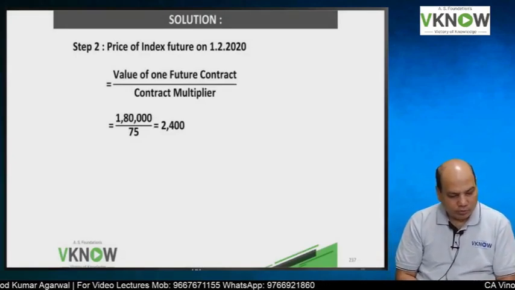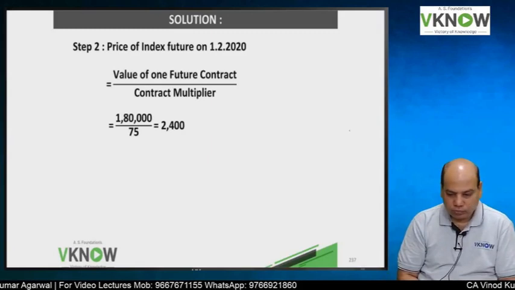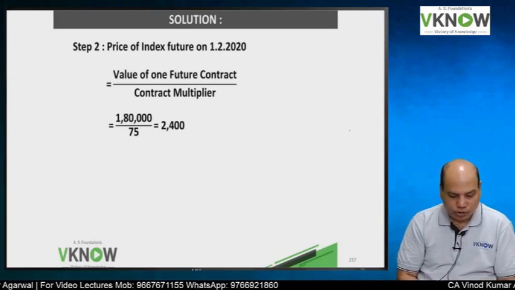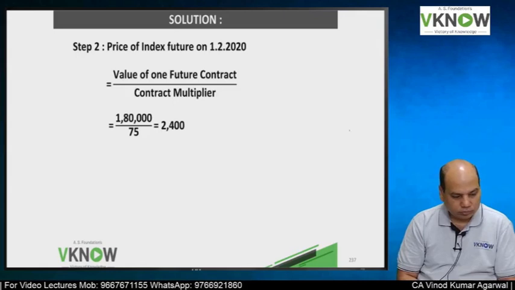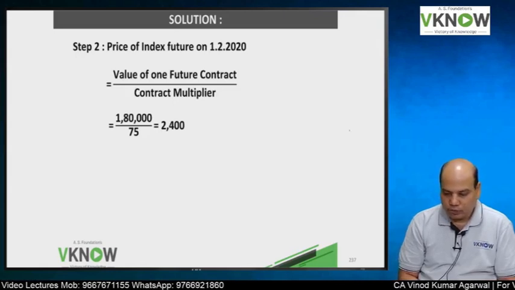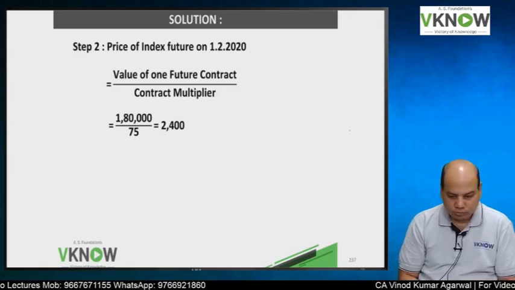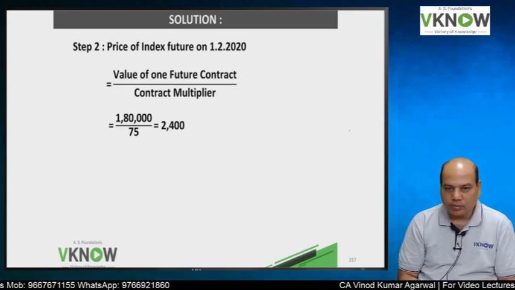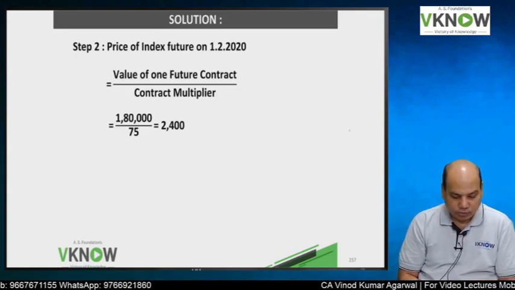So under that write down value of one future contract divided by contract multiplier.